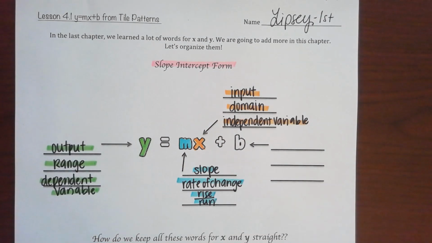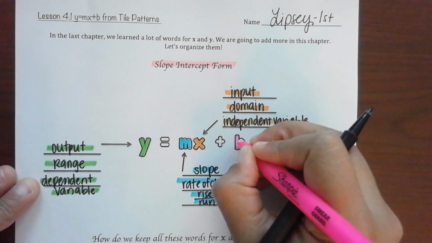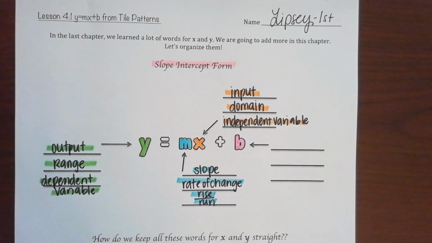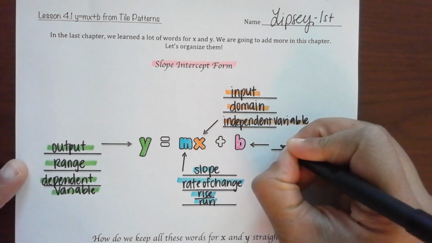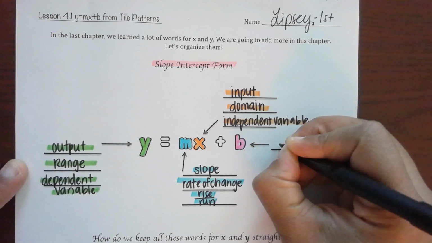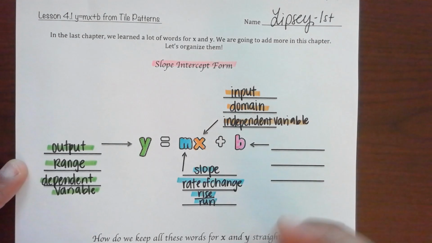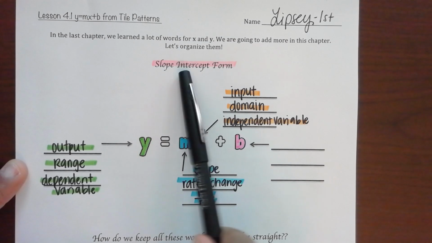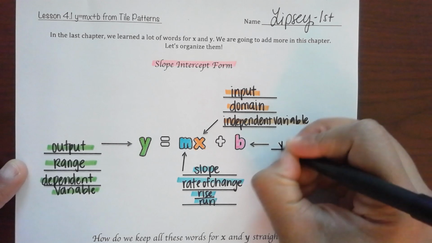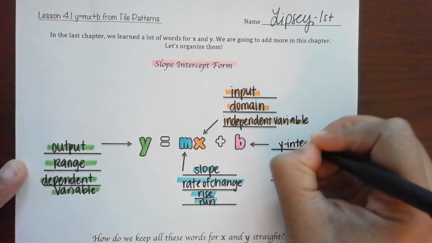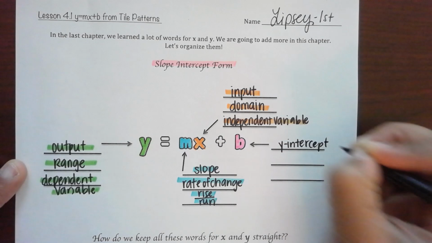And then finally, we have b. If that's the slope, what should b be? Which intercept? The y-intercept. Great job.